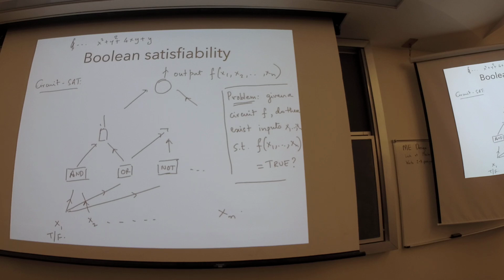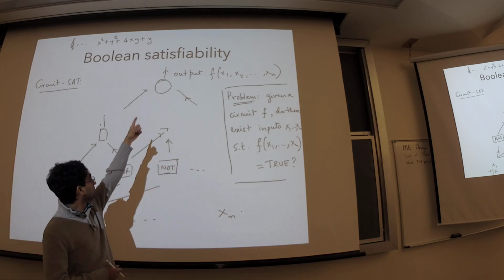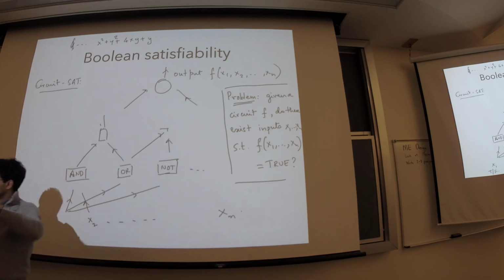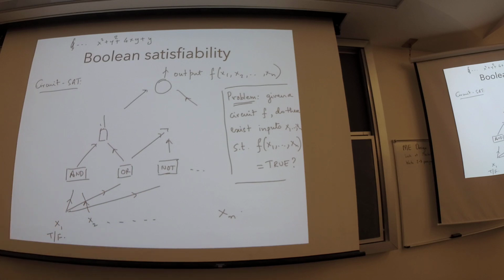It's just that now you have these Boolean variables, and you want to know if there are some values for these Boolean variables so that the output turns out to be true. The output is 1. So it's some kind of solving this Boolean function.